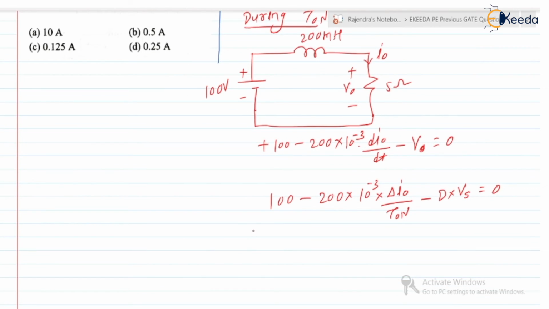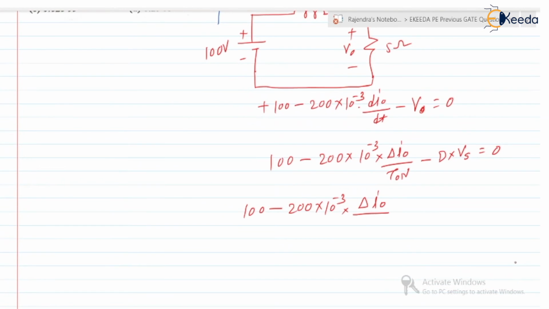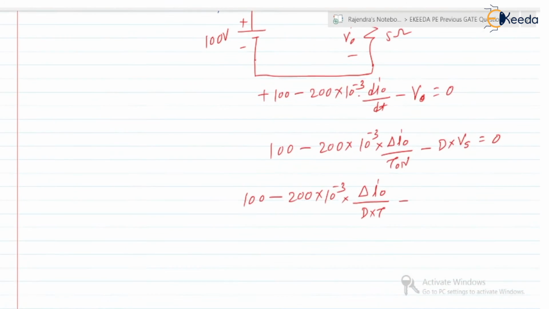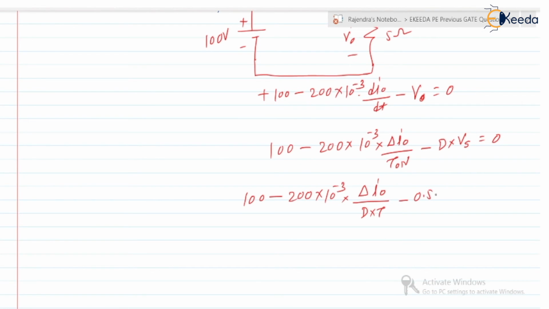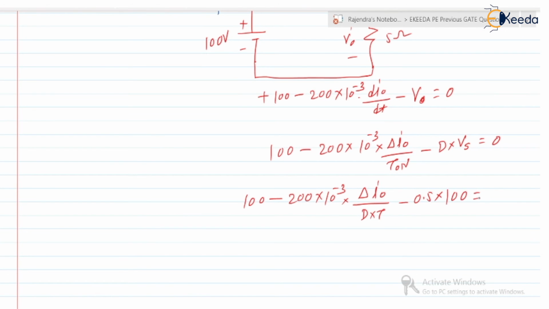Further we can write 100 minus 200 into 10 to the power minus 3 into delta I0 divided by T on. T on is nothing but D into T, where the duty cycle is 0.5, into Vs, the supply voltage, which is 100 volt, equal to 0.